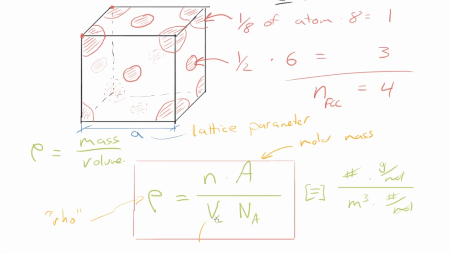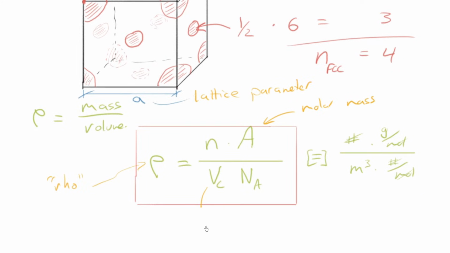That is the volume of the unit cell, the volume of the unit cell. This is, of course, the number of atoms in the unit cell. And that's Avogadro's number.